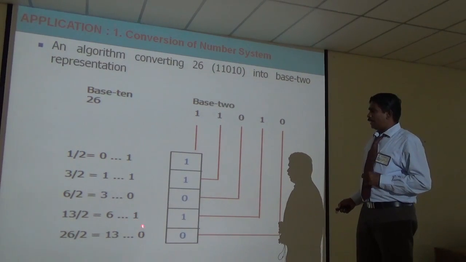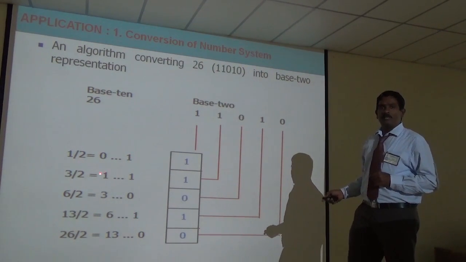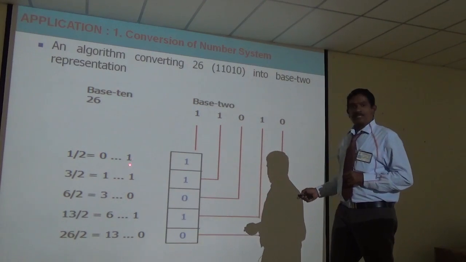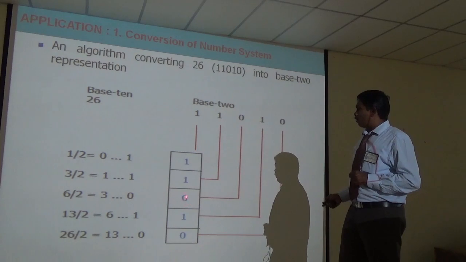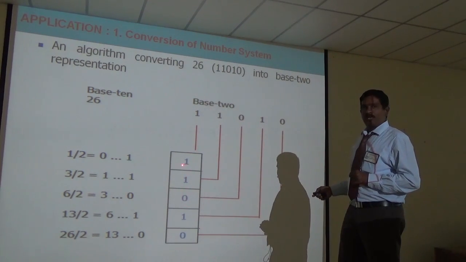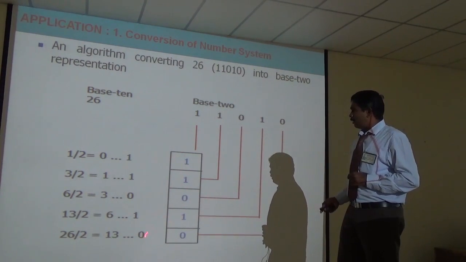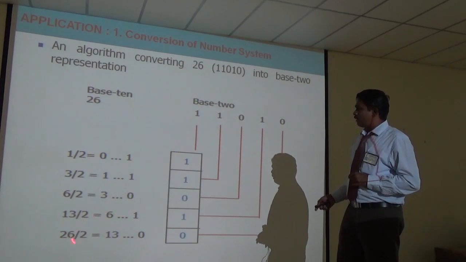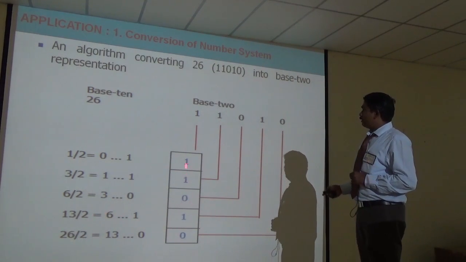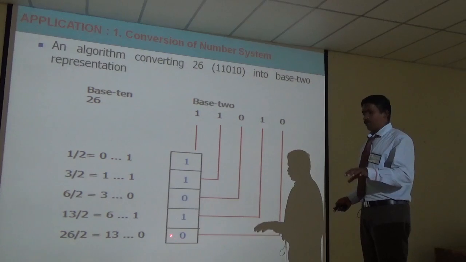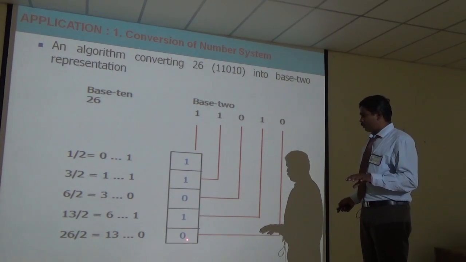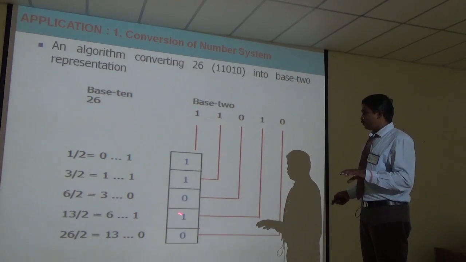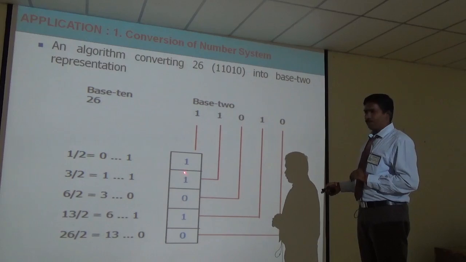In such a way, all the remainders are pushed into the remainder stack: 0, 1, 0, 1, 1 and so on. This is the remainder stack after dividing by 2. First the remainder 0 is pushed into the stack, then 1 is pushed as the next element, then 0, then 1, and so on.